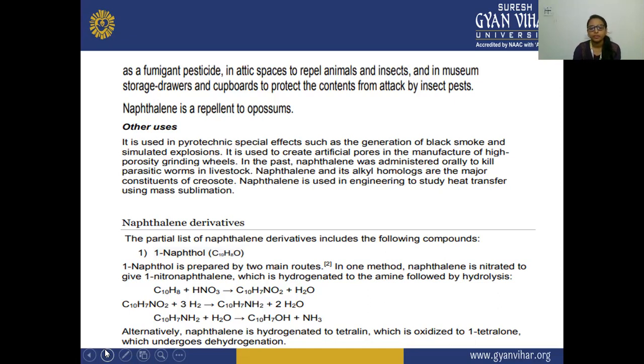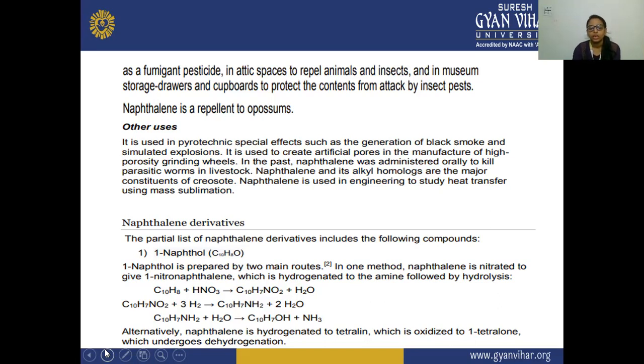Now the naphthalene derivatives. The first is 1-naphthol. The partial list of naphthalene derivatives includes the following compounds. 1-naphthol is prepared by two main routes. In one method, naphthalene is nitrated to give 1-nitronaphthalene, which is hydrogenated to the amine, followed by hydrolysis.